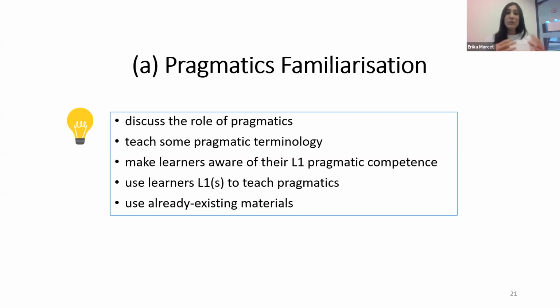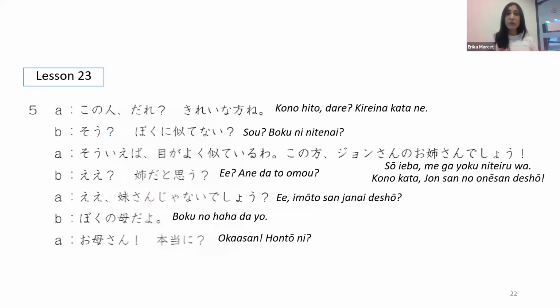And we can make learners aware of pragmatics throughout the academic year or throughout the semester in small doses, and through examples that may come up in textbooks that we are already using. And I give you an example here of a Japanese textbook that we use at the Autonomous University of Barcelona to teach second-year Japanese.